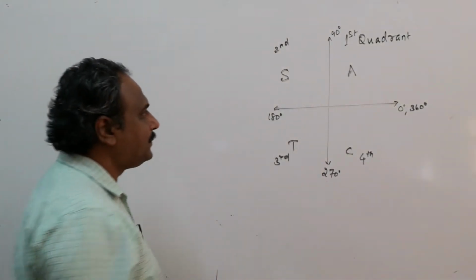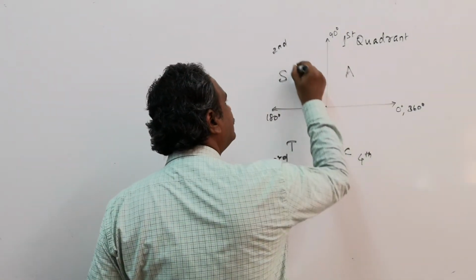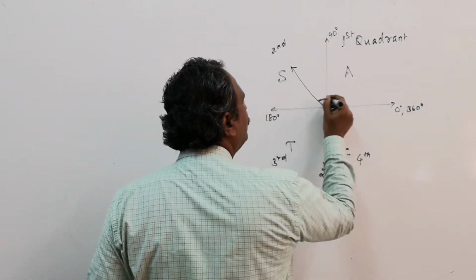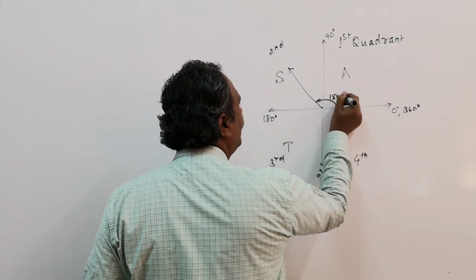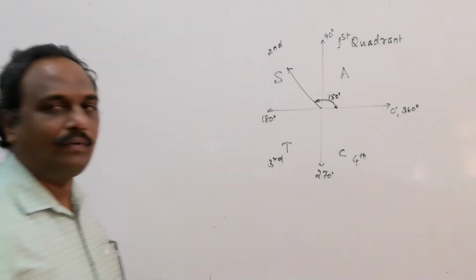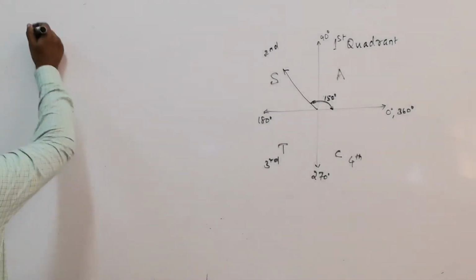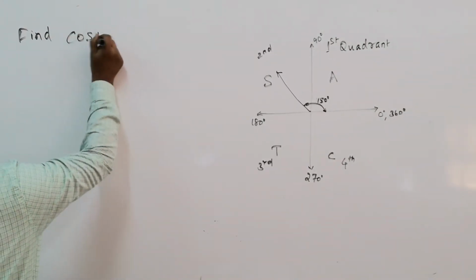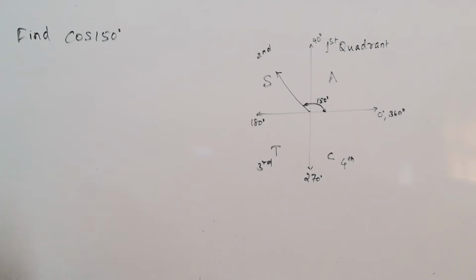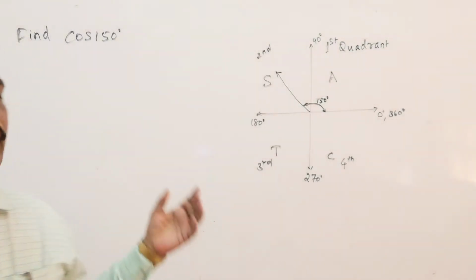Now, for example, I want to find the trigonometric ratios of 150 degree. Maybe, for example, find cos 150 degree. Now, what will be the value of this? How to find the value of this?